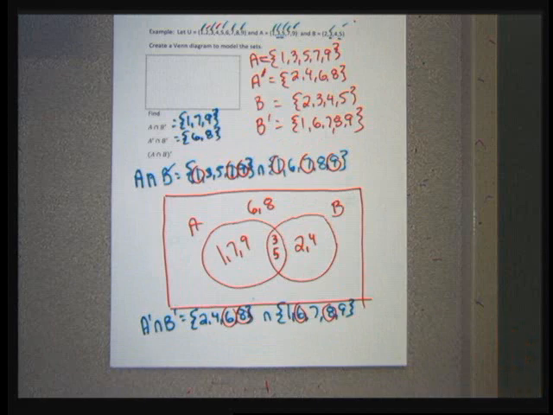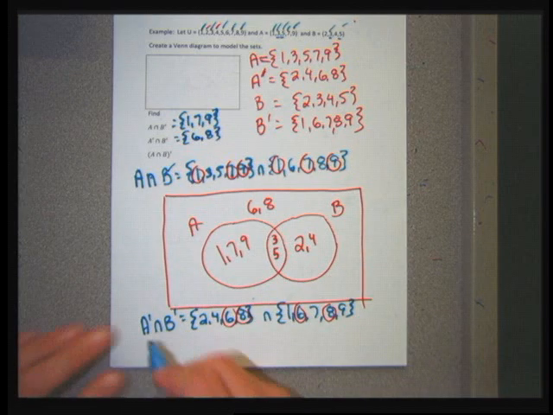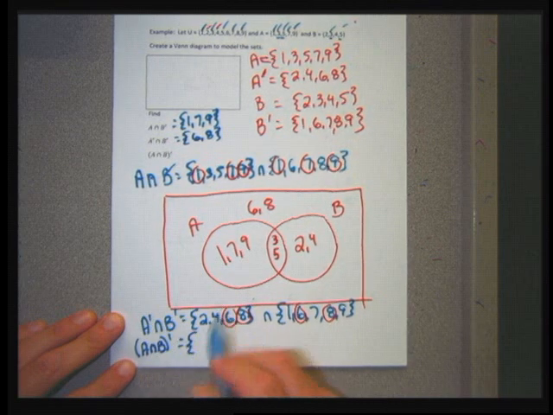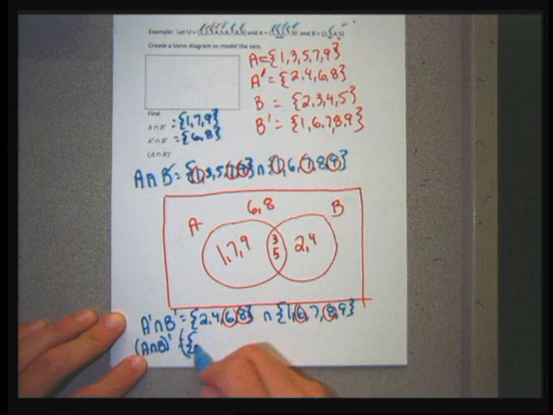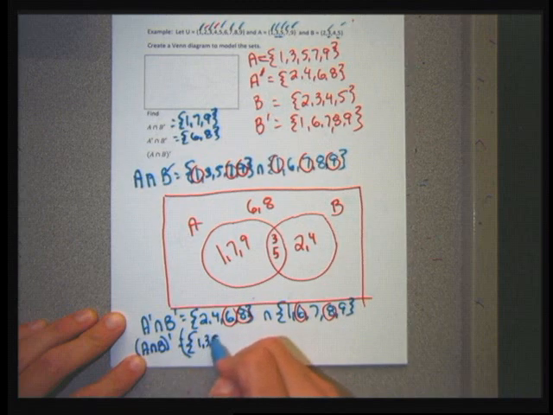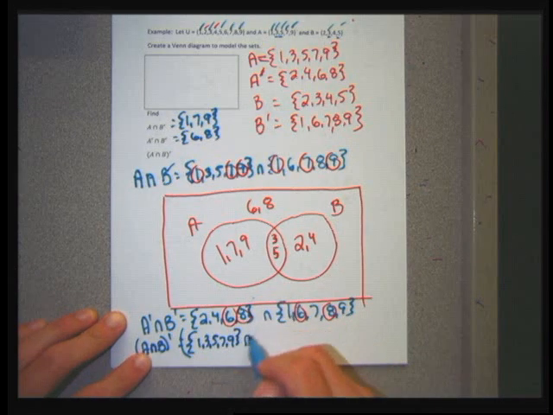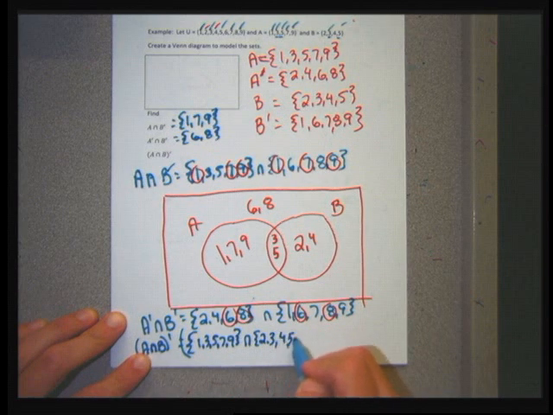And the last one, the prime of A intersection B. I do the A intersection B first, and then I do the prime. A intersection B is going to be 1, 3, 5, 7, and 9, which is A, intersection B, which is 2, 3, 4, and 5.